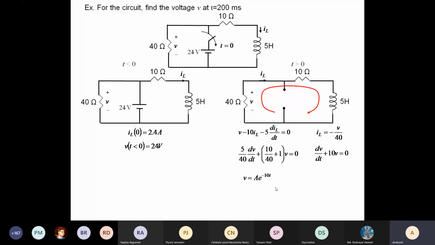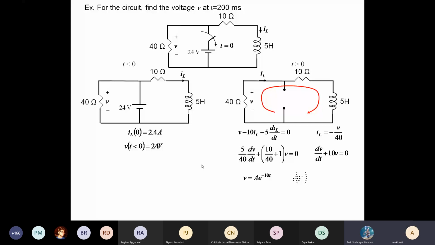We just saw that derivation. So what is the unknown here? We have to find the unknown A, given some condition. At t equal to 0, the initial condition.